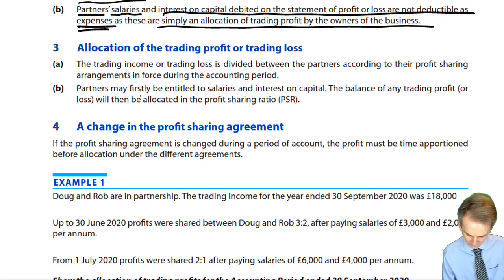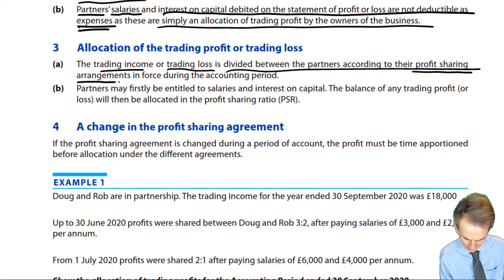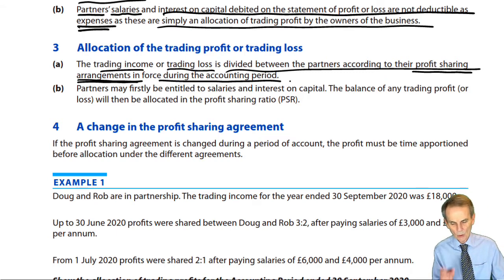So what do we do? The trading income, or if it were necessary, which it won't be for us, trading loss, is divided between the partners according to their profit sharing arrangements in force during the accounting period. So we will have adjusted the profit from the statement of profit or loss for an accounting period.